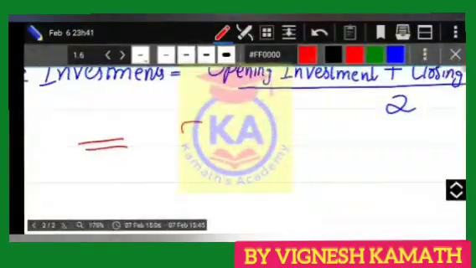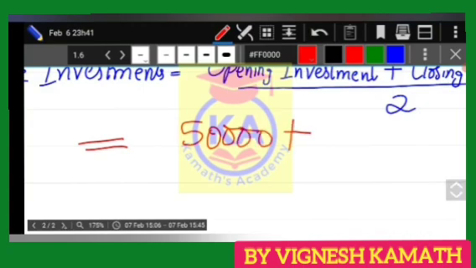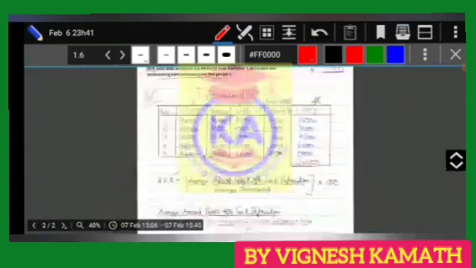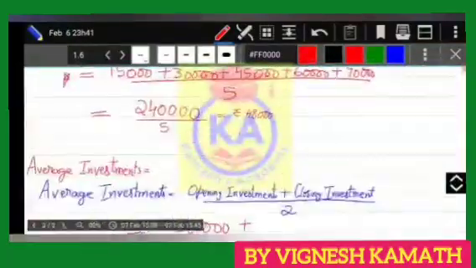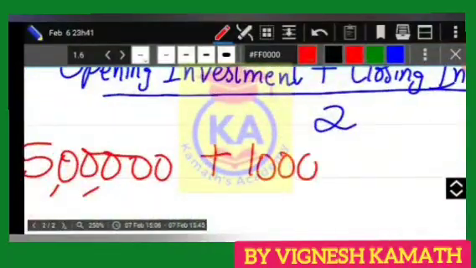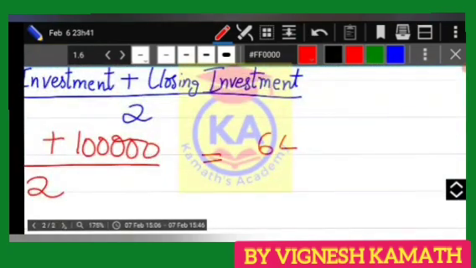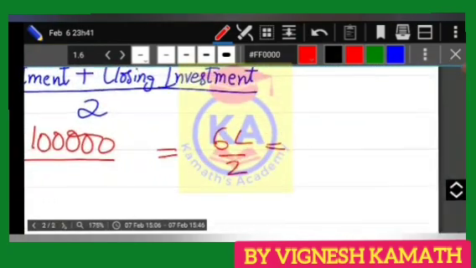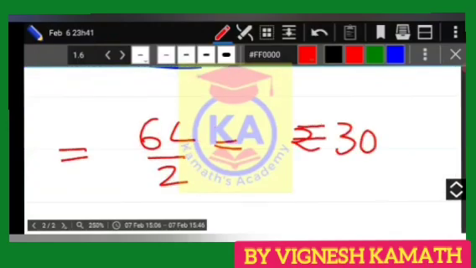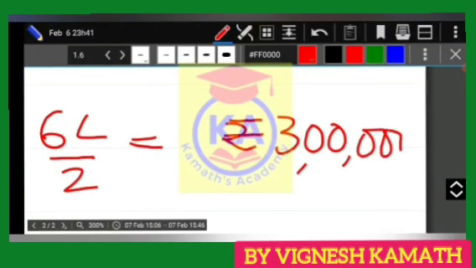And 5 lakhs plus closing investment, which is nothing but the scrap value. The scrap value is 1 lakh. 5 lakhs plus 1 lakh divided by 2. So 6 lakhs by 2 will give you rupees 3 lakhs. Now we have got the denominator part of the formula also, right?